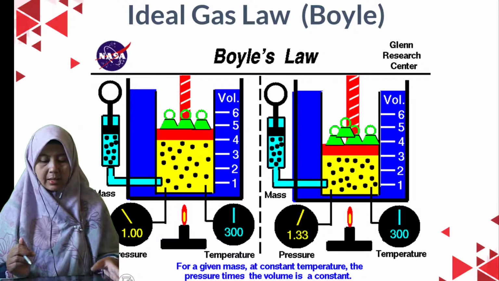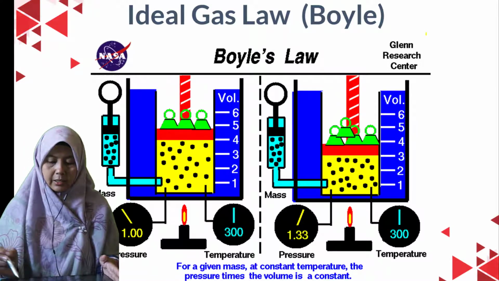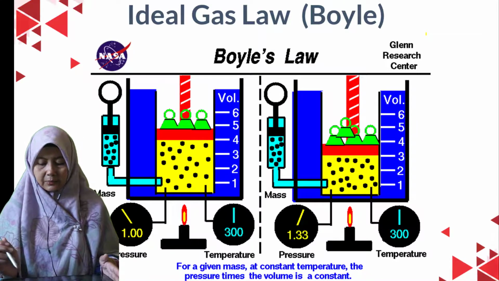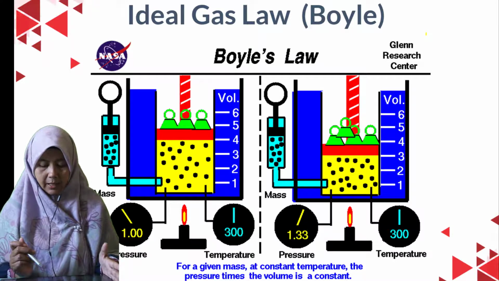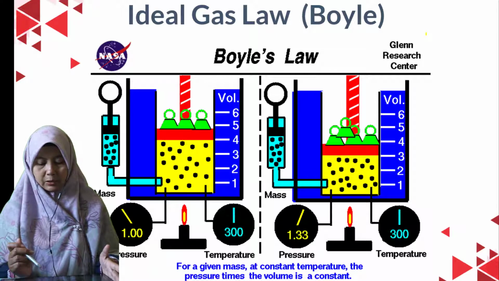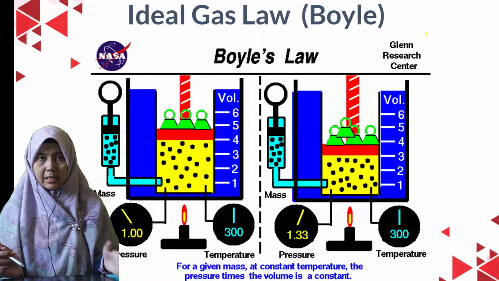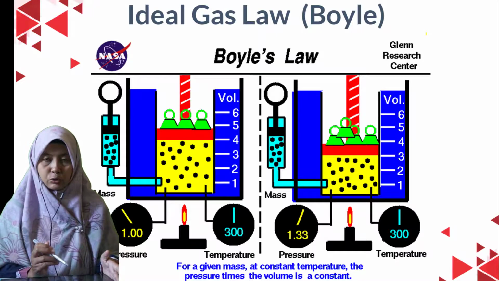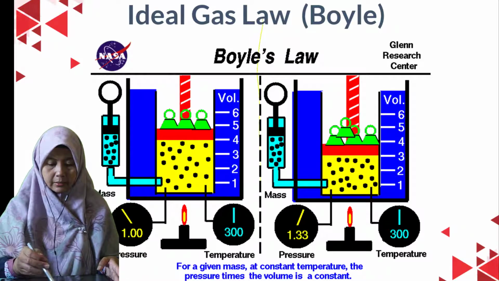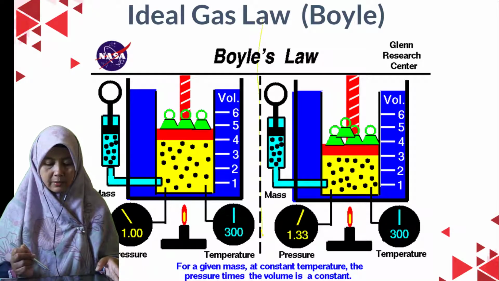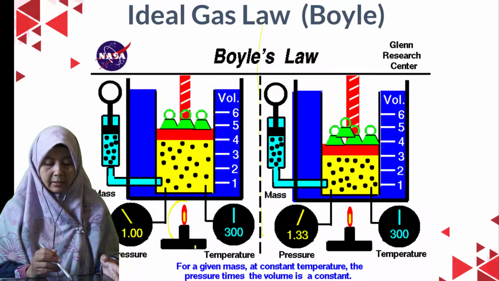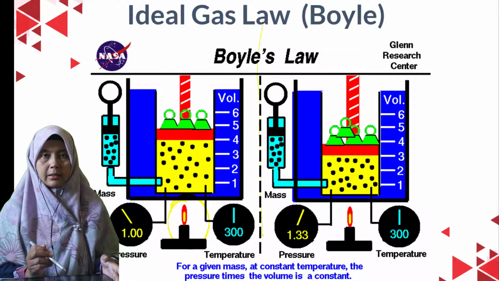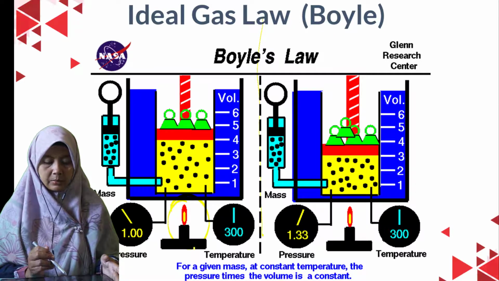Boyle's ideal gas law, from the Glenn Research Center, shows that for a given mass at constant temperature, pressure times volume is constant. Here I have two pictures. In the first picture, I burn to increase the temperature.